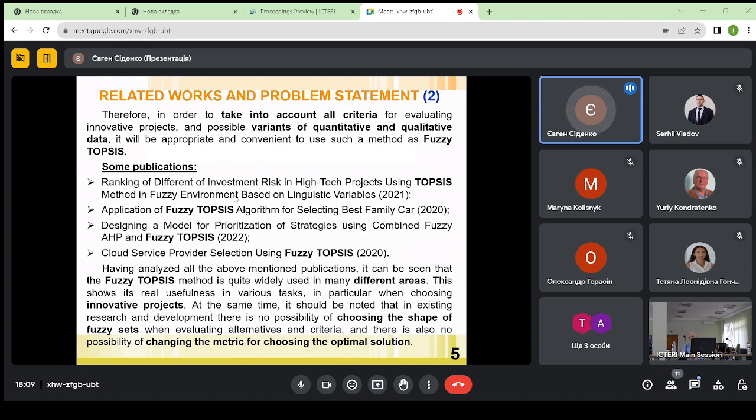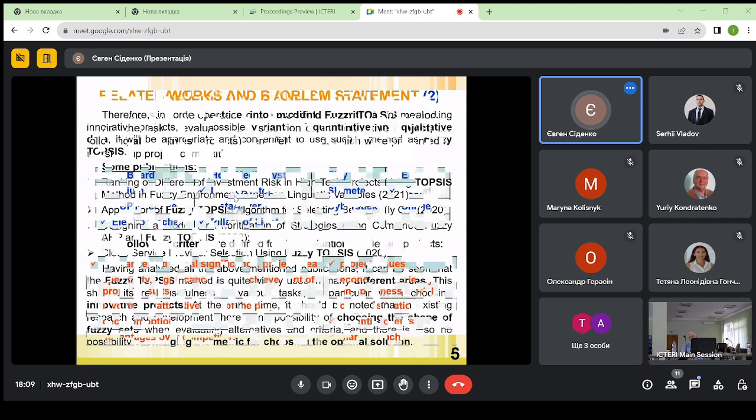At the same time, in existing research and development, there is no possibility of choosing the shape of fuzzy sets when evaluating alternatives and criteria, and there is also no possibility of changing the metric for choosing the optimal solution.